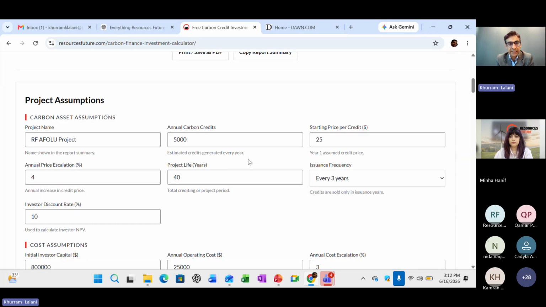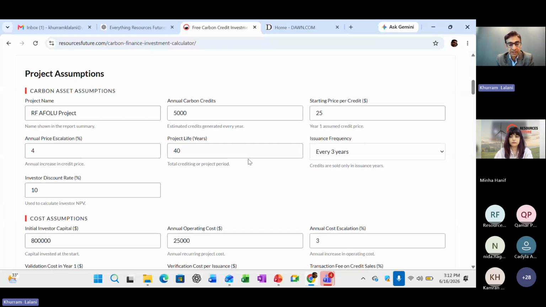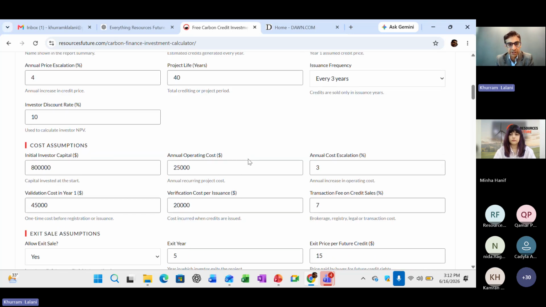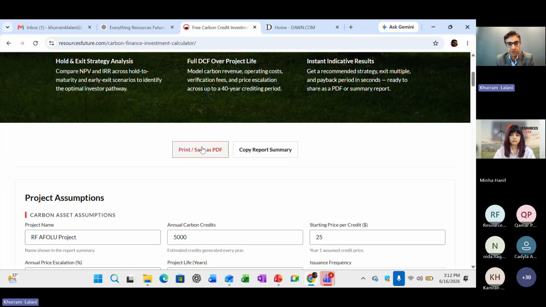You can change any price, any cost assumptions, any revenue assumptions, any future credit price assumptions, and exit strategy, hold strategy. It gives you a very decent amount of analysis, which is great when it comes to pre-feasibility stages. You also have an option to print and save as PDF.